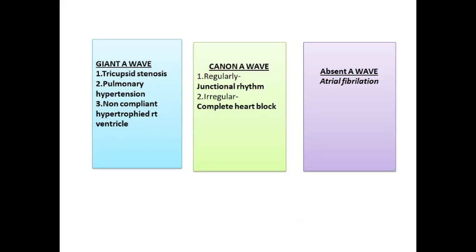Certain pathological conditions are associated with JVP changes. This is the normal pattern, so we'll discuss the abnormal ones. The giant A wave is seen in tricuspid stenosis. Why? Keep in mind that the A wave is due to atrial contraction. So when there is more atrial contraction, the A wave is large.